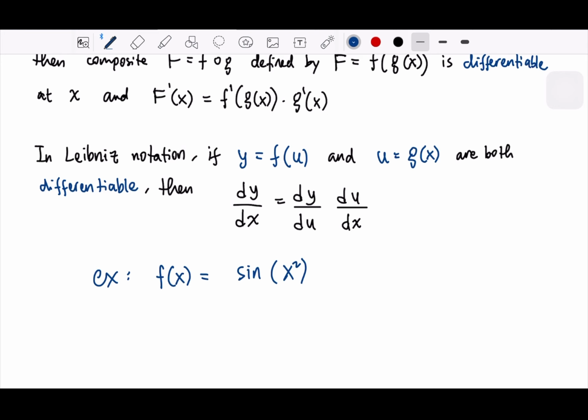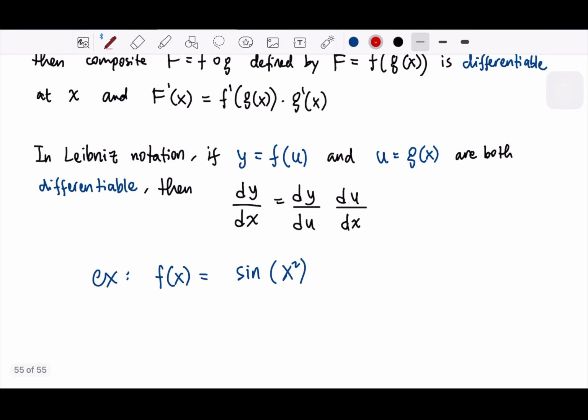How to write this is basically we are going to derive the whole part here. Sometimes I call this the outside function.